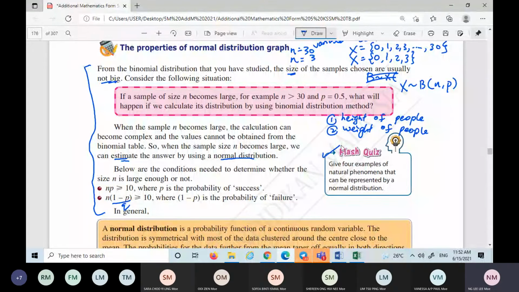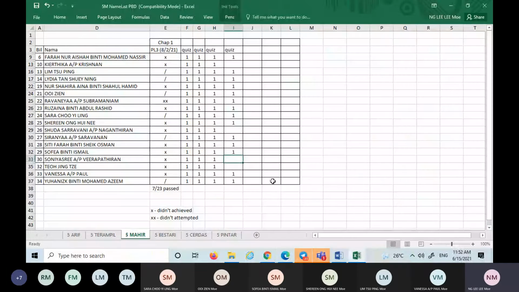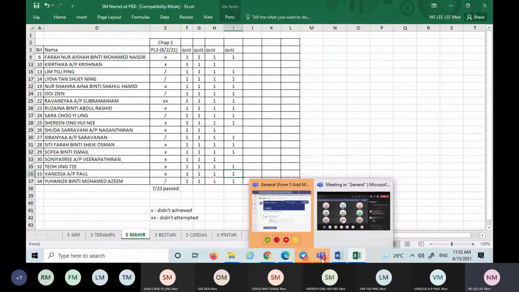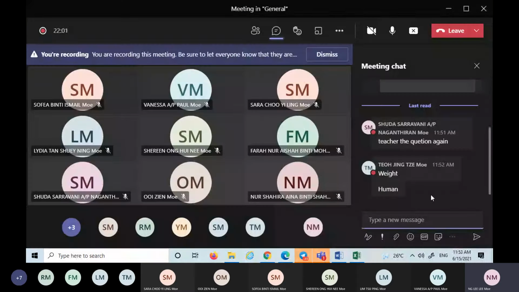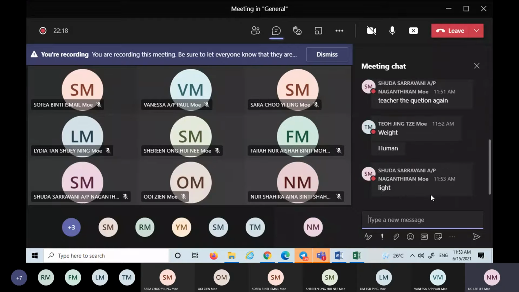Just now you learned science. This is for the module. Do I have more answers? Shruda and Sonia Sri. Light?